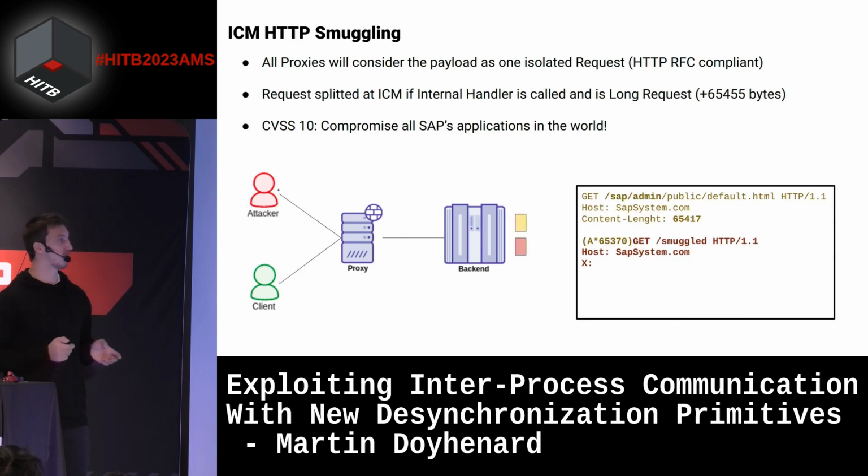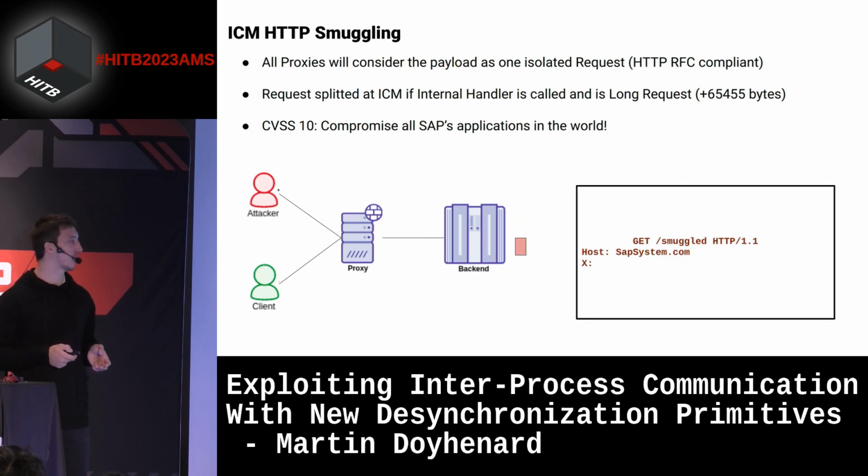Okay, so the first part, in yellow, is all the first request until they get to smuggled, and this will be resolved by the backend. It will send the response back to the proxy, and the proxy will know that this corresponds to the request that the attacker sent. Okay, but as you can see, we have an extra string there in the backend, which is not even complete because there are no 2 line feeds at the end, so the headers are not completed.